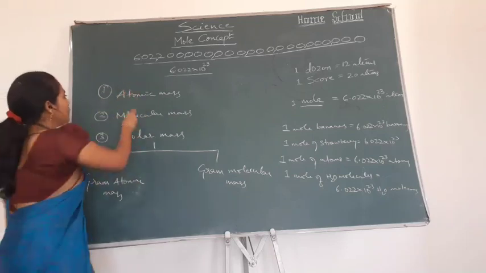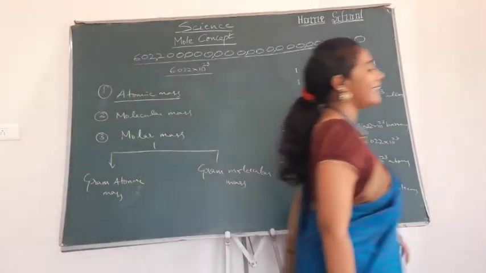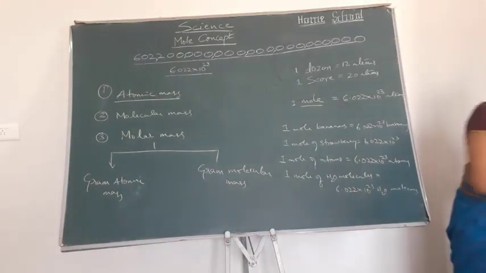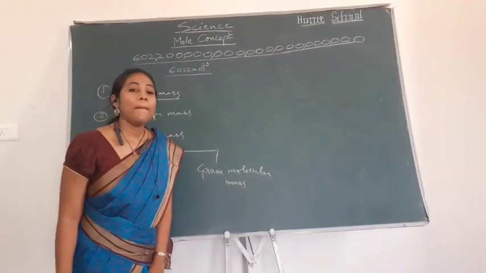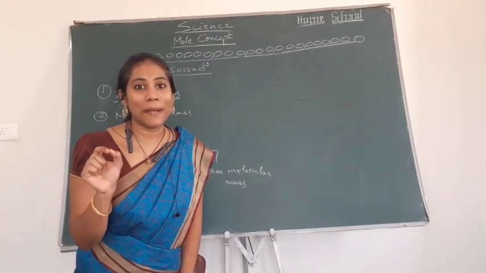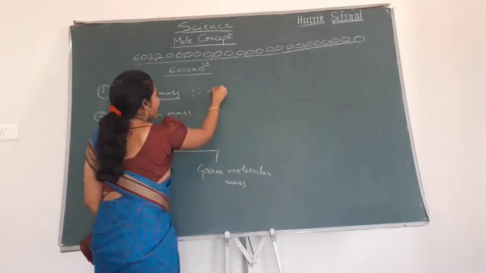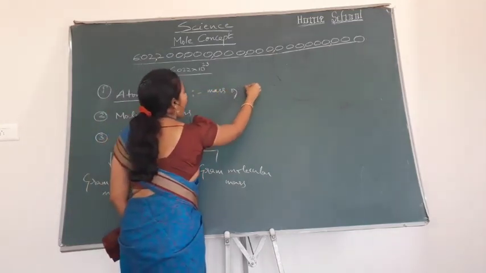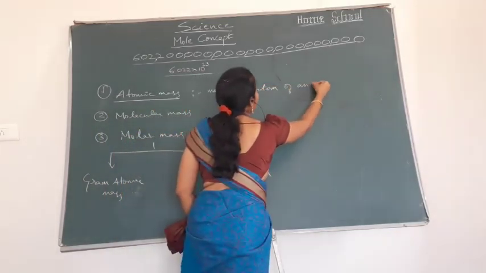First one, atomic mass. So what do you mean by the atomic mass? Mass of one atom of an element is called atomic mass. Listen carefully. Atomic mass, in the sense, is the mass of one atom of an element.